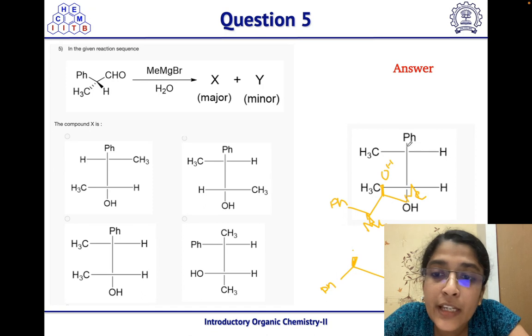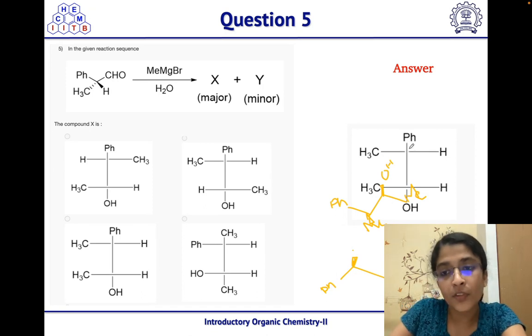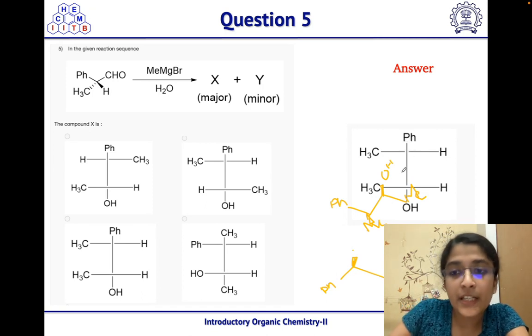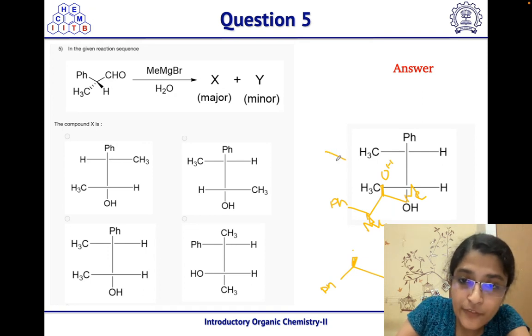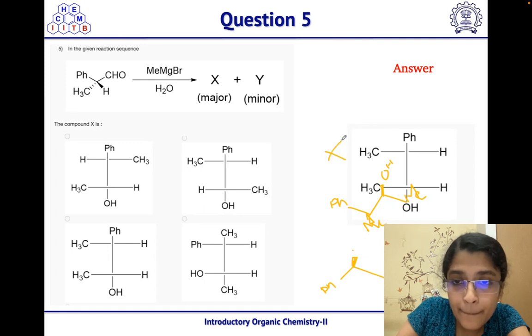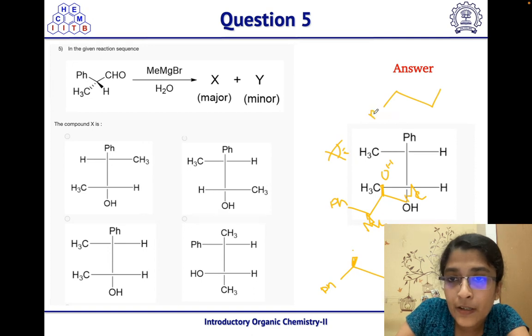Fisher projection we can redraw, like we can see from this angle. This is in the plane, PH and OH, and both these methyl groups are facing towards us. So it can be written like this format.